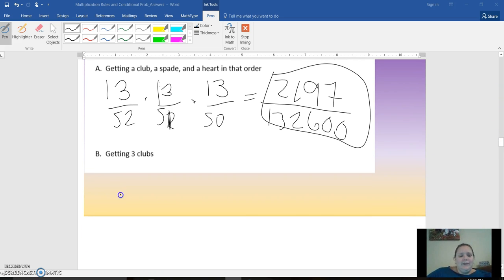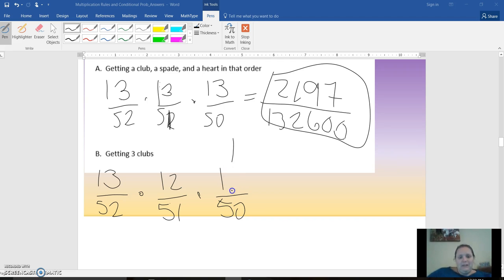All right, 3 clubs. So we get a club, and a club, and a club. On the bottom is always the total. We get a club. We pull one club out, or we pull one card out. So we have 51 left. We pull another card out. We have 50 left. And then we have a club. So there are 13 clubs. We pull one club out, and now we have 12 clubs.